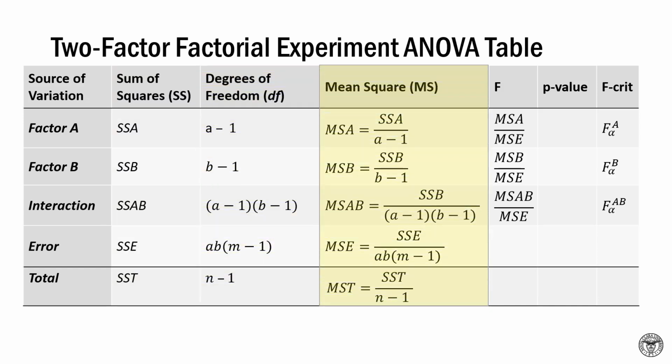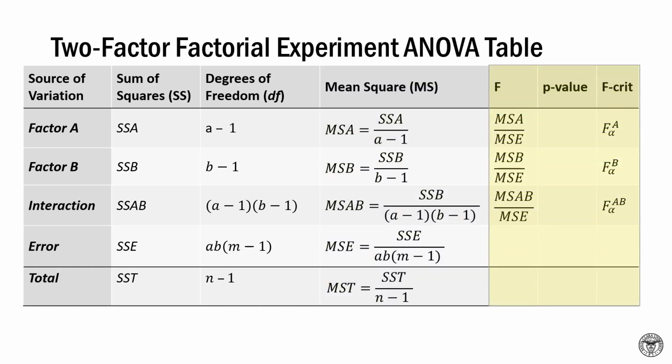The mean sum of squares, MS, is calculated by dividing the sum of squares by its corresponding degrees of freedom. The F ratio is then computed by dividing the MS for each source of variation by the MS for the error. The p-value is obtained from the F distribution with the appropriate degrees of freedom.